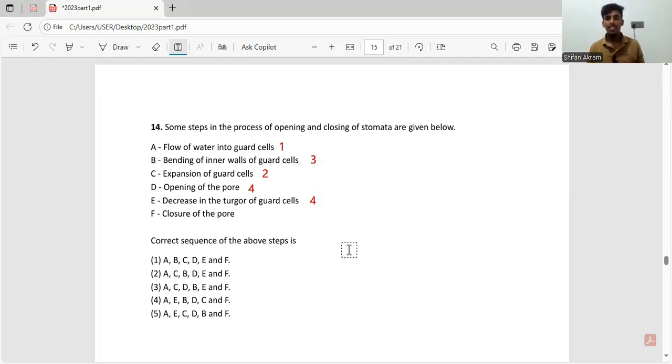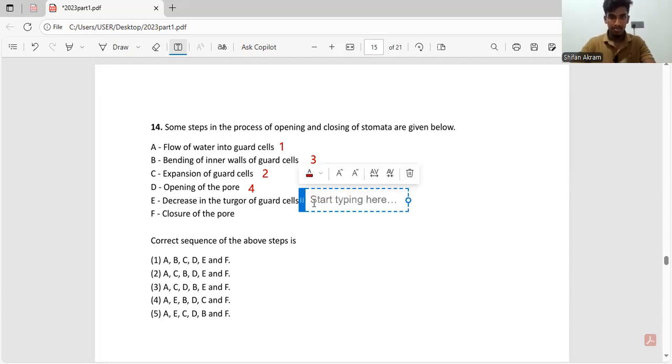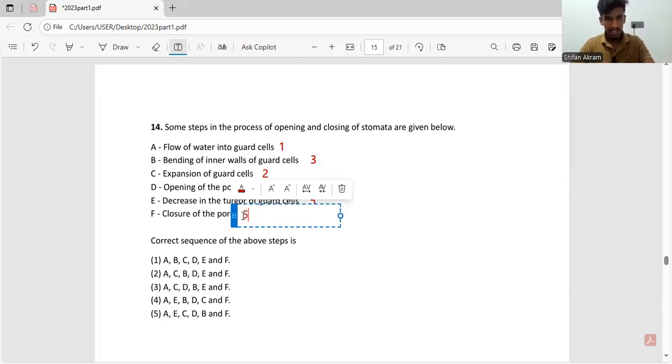Then finally, when the turgor decreases, the water leaves and the stomata closes. So that is the final answer. This is the fifth one, and this is the sixth one. Sorry, yes. So the correct order is A C B D F. So it is the second answer. So I'll highlight it.